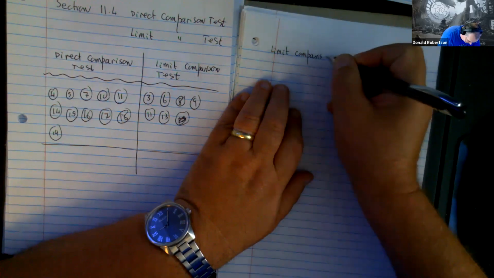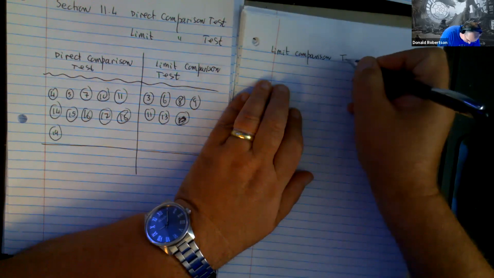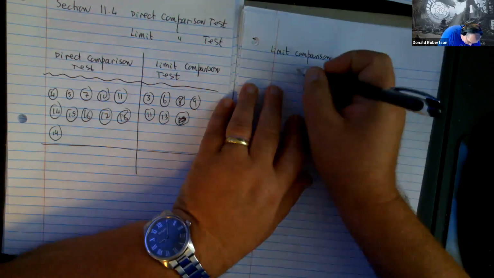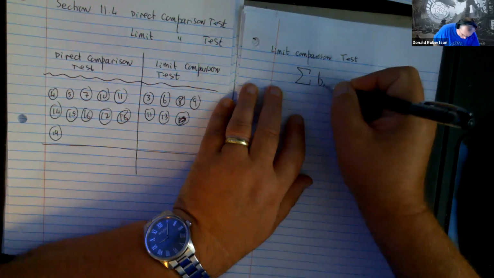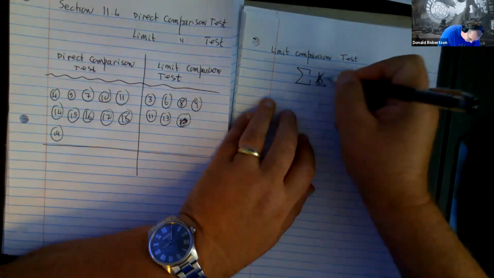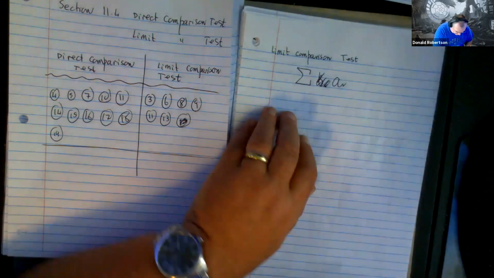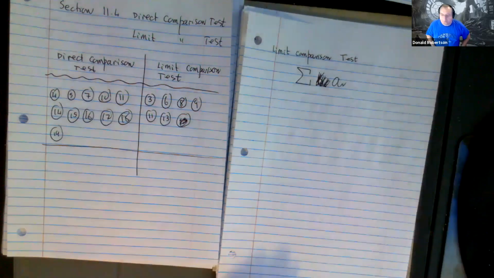Let's look at the limit comparison test. Essentially what it says is, suppose you're interested in a series, sigma an.